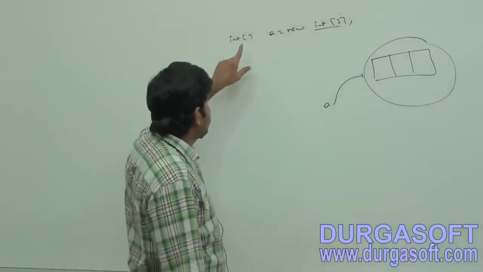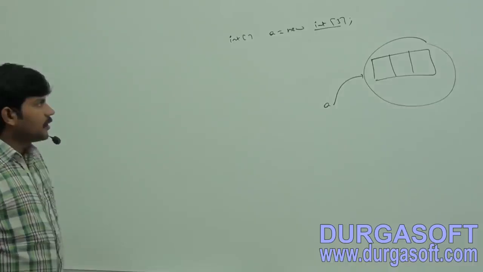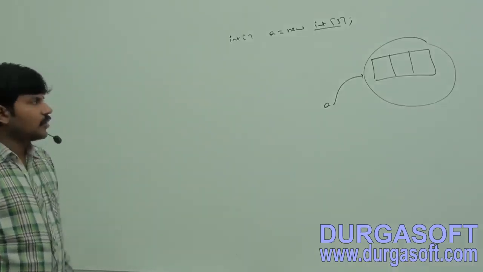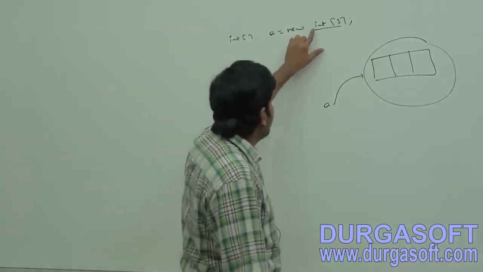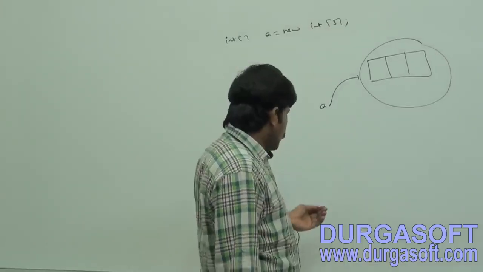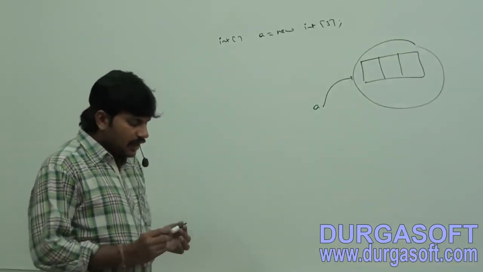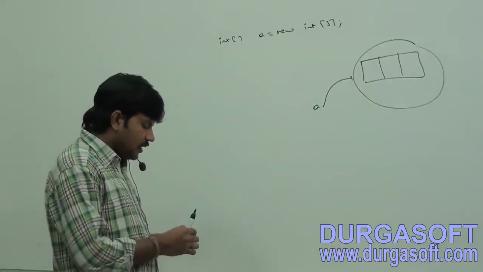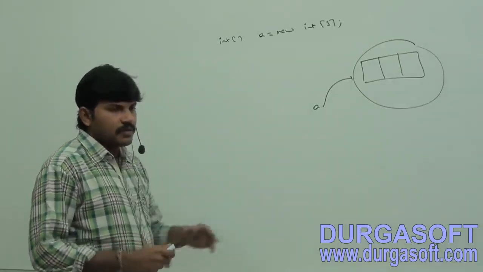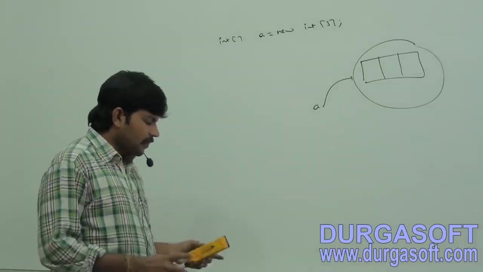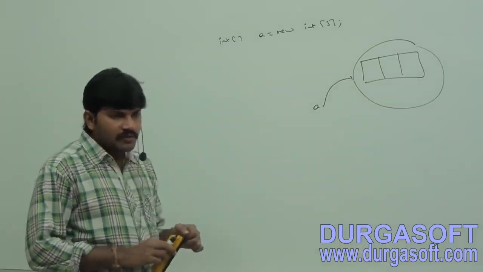Okay, take this one example. int[] A = new int[3]. Take this clearly.